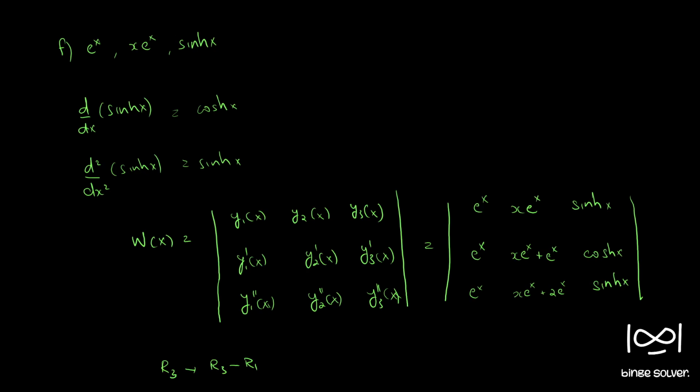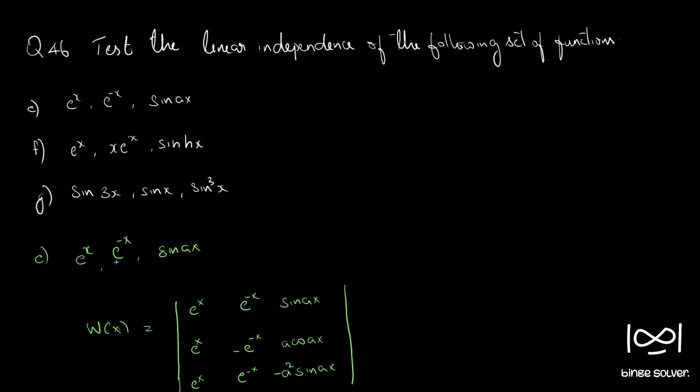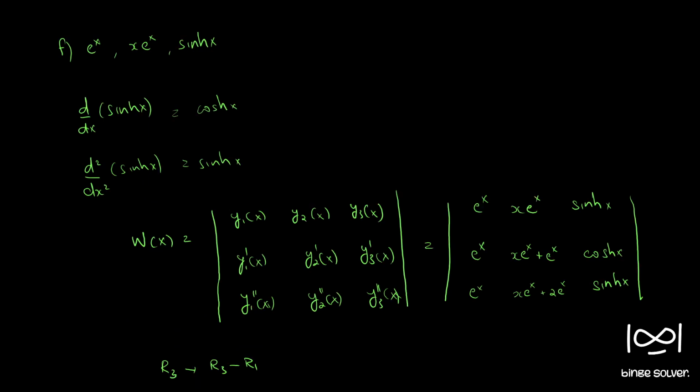Now let's do G. G is the last one: sin 3x, sin x, sin cube x. We don't have to find the Wronskian here.